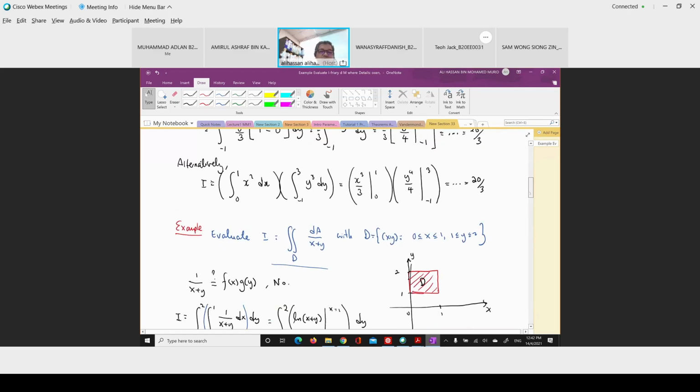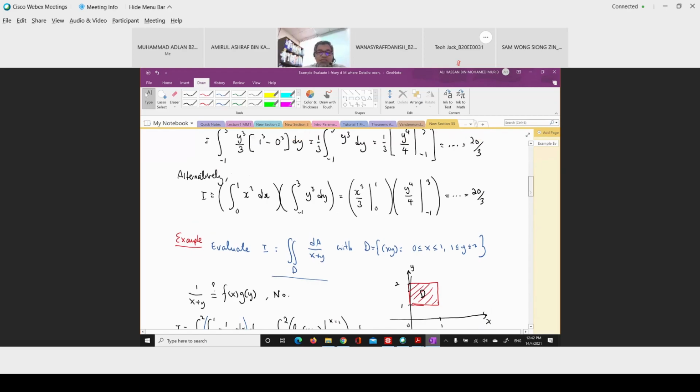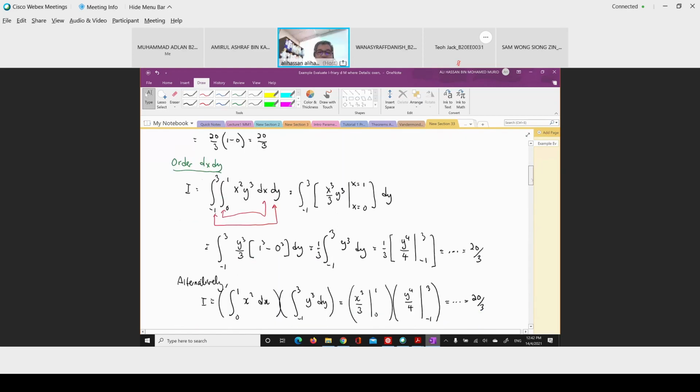For now, let's learn how to evaluate double integrals. Just like the single integral, even though I introduced it through finding area under a curve, that's one application.